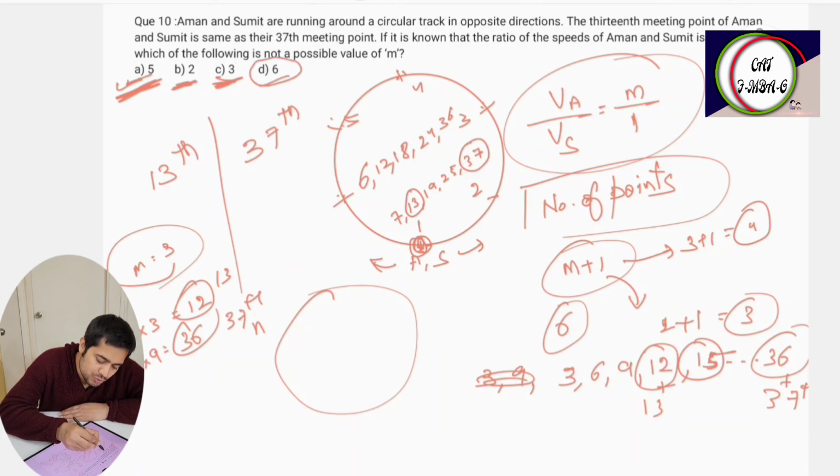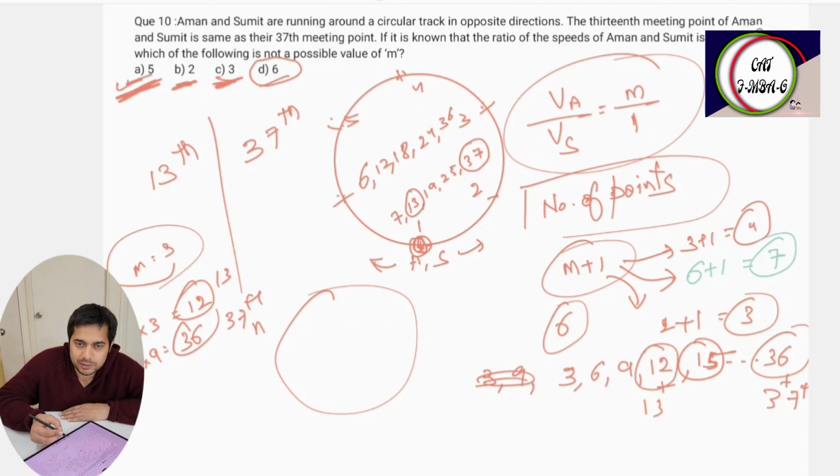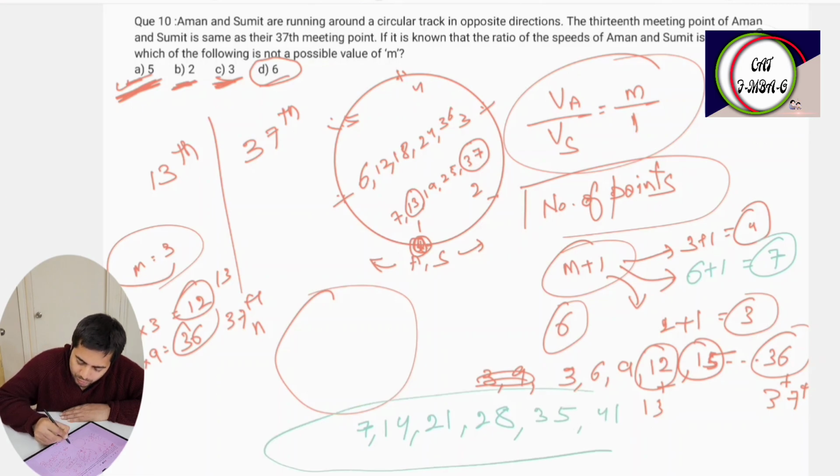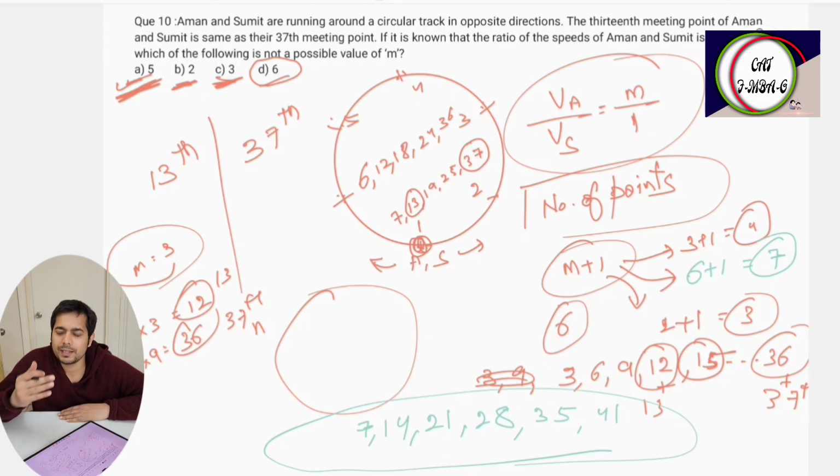Let us say m is equal to 6 now. So m plus 1 will be 6 plus 1, which is equal to 7. Now things are different. The 7th point is the same as the 14th, 21st, 28th, 35th, then 41st. Now the 12th and 36th points are not the same, and the 13th and 37th points are also not the same.